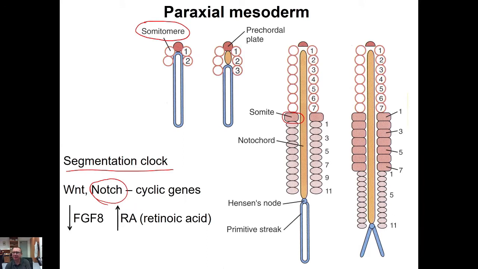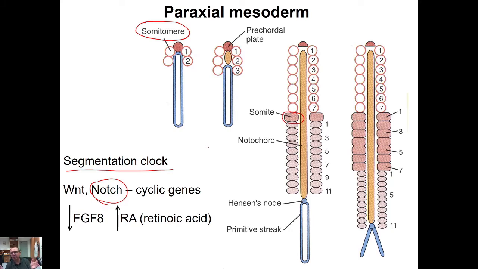There are then 8 cervical somites, 12 thoracic somites, 5 lumbar, 5 sacral somites, and a not so exact number of coccygeal somites, which means that the total number of somites isn't stable.